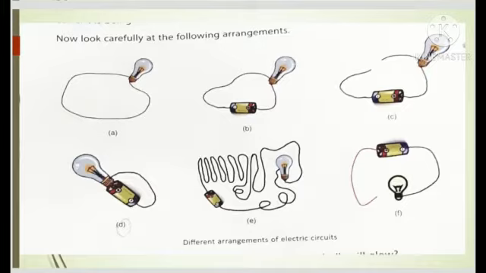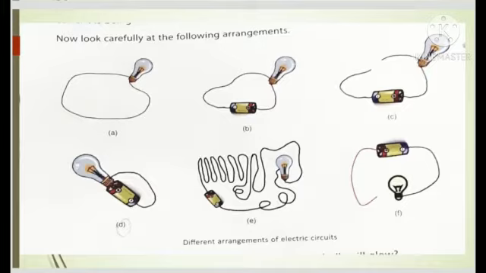In the second figure, or you can say electric circuit, the source of electricity is there, that is the cell, connecting wires are there, and the bulb is also there. So the bulb will glow in the second circuit. What about the third? Third is not a closed path. The connecting wires are not connected with each other, that's why the bulb will not glow.